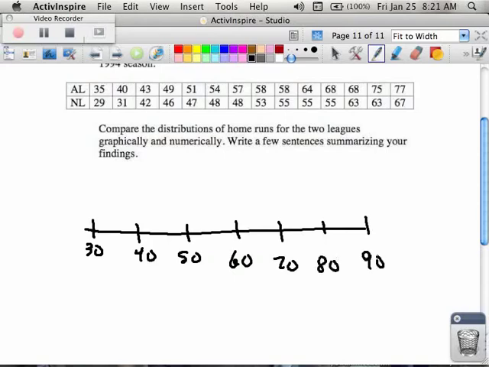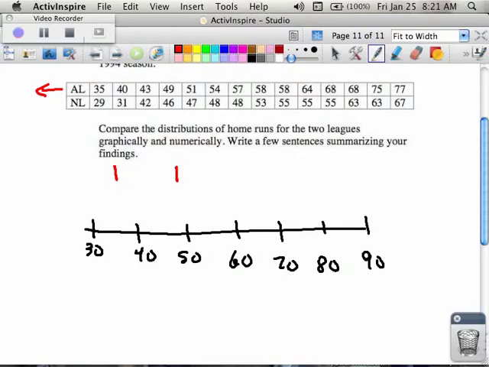If I was talking about the American League, which I'll do in red, it ranges from a minimum value around 35, and a Q1 somewhere around 50, close to 50, right? 49.